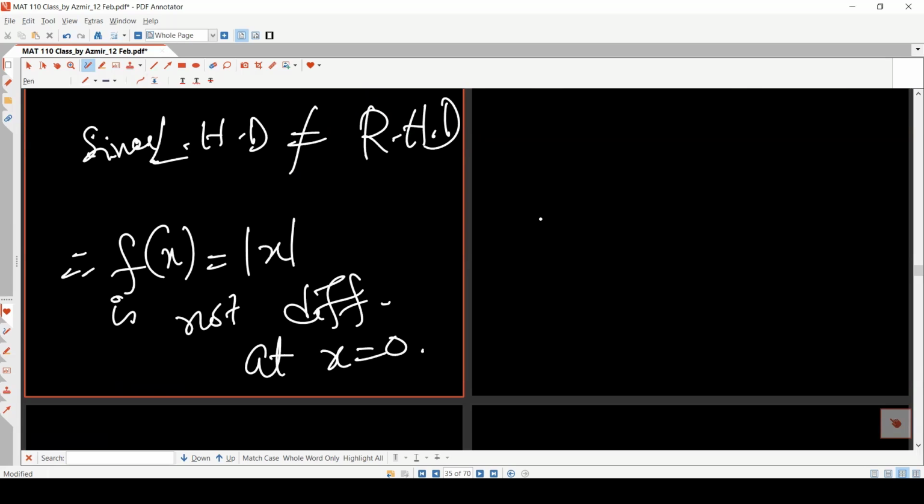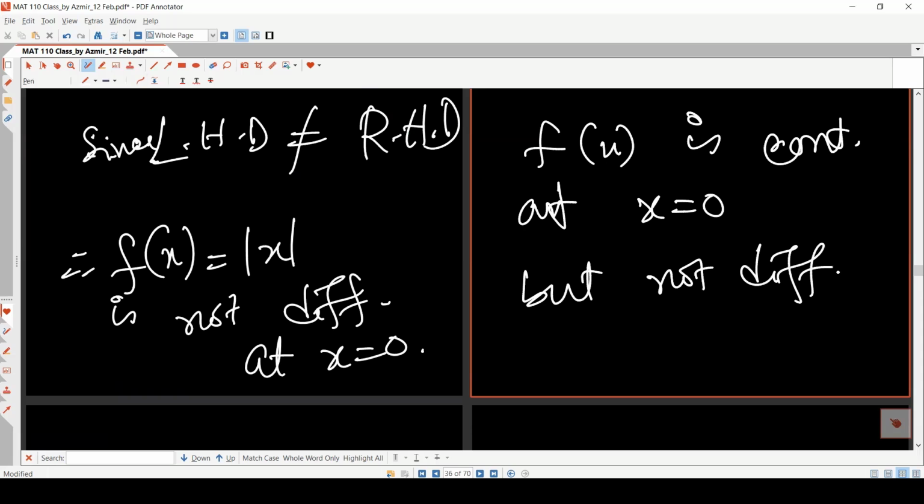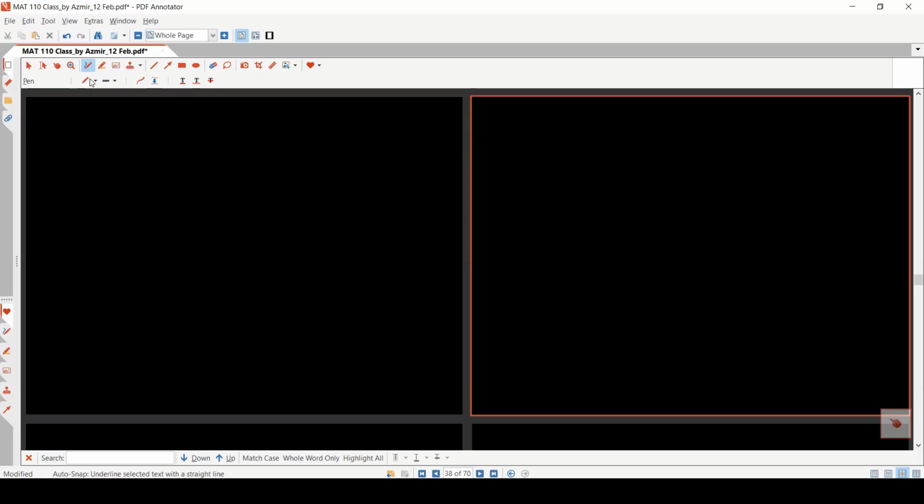So the overall summary is f of x is continuous at x equals 0, but not differentiable at x equals 0. So this is how we can check continuity and differentiability for absolute value function.